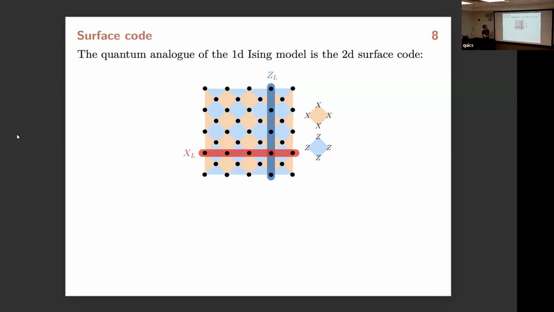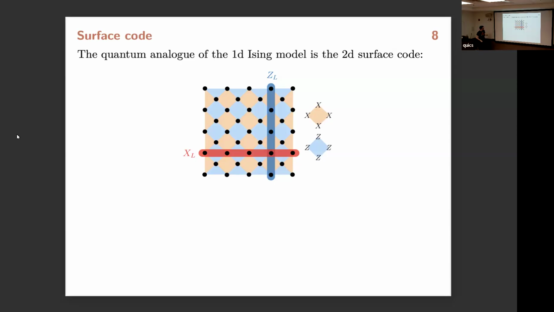In the quantum case, you can think of these as really one-form symmetries, because if I take this Z_L and multiply it by this parity check in the middle, the blue line will begin to distort. So this looks like a one-form symmetry. You can use a language of one-form symmetries to talk about all of the quantum codes I'll be describing here, but I won't do that.